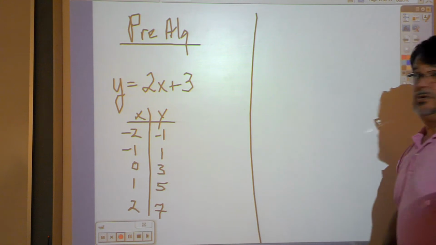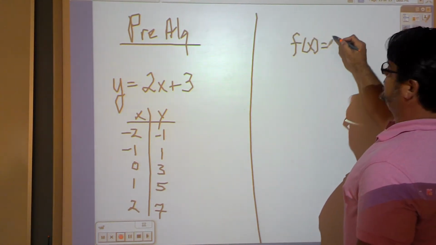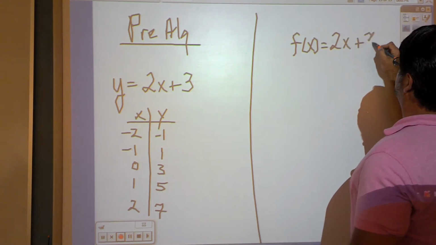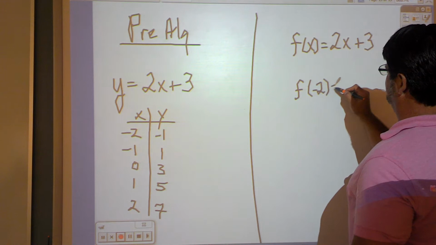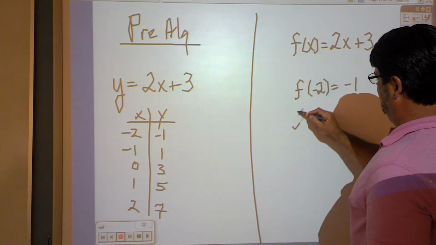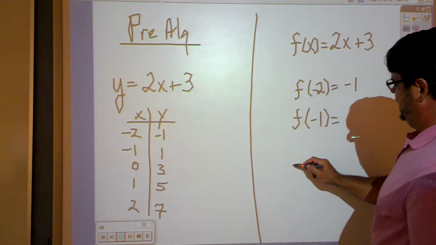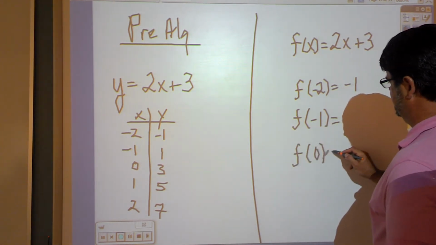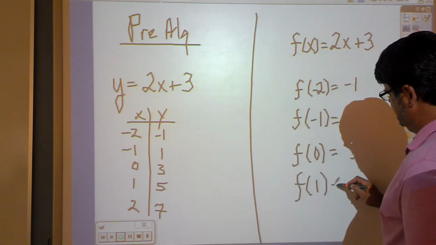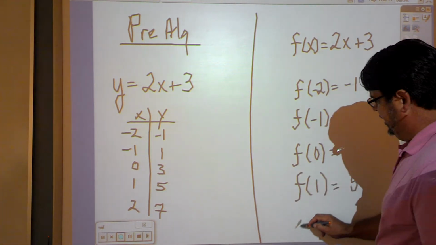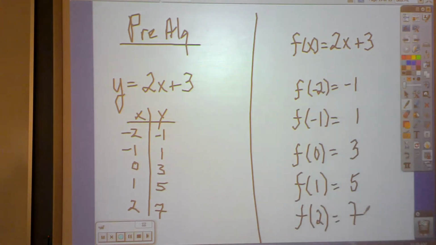Now, you're going to say f of x is equal to 2x plus 3. F of -2 is equal to -1. F of -1 is equal to 1. F of 0 is equal to 3. F of 1 is equal to 5. And F of 2 is equal to 7.